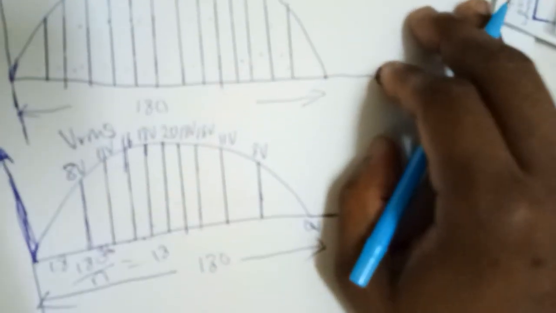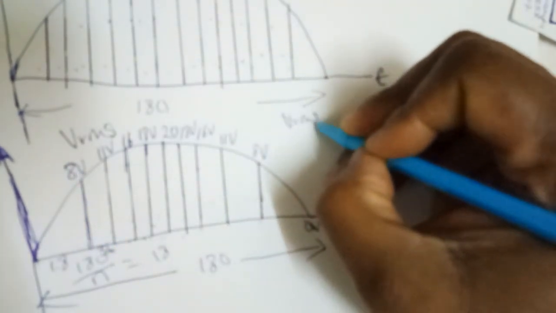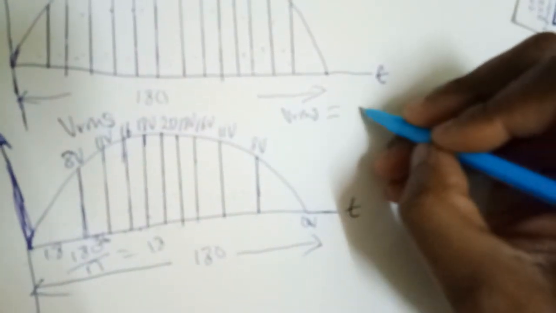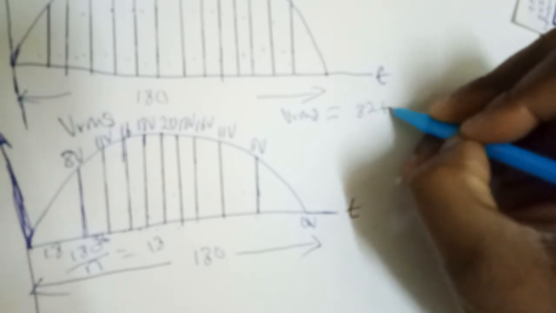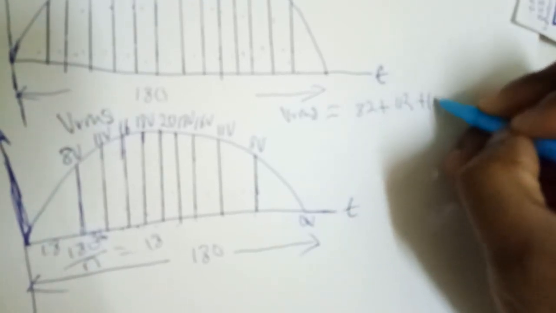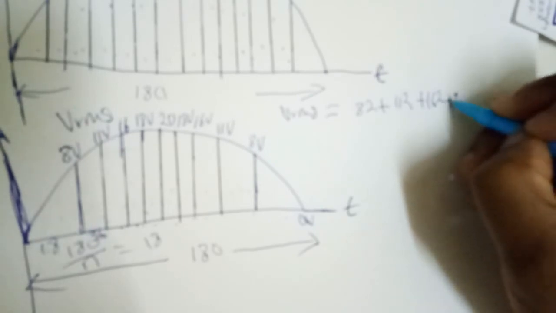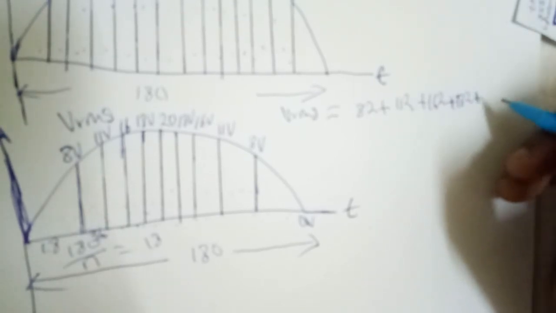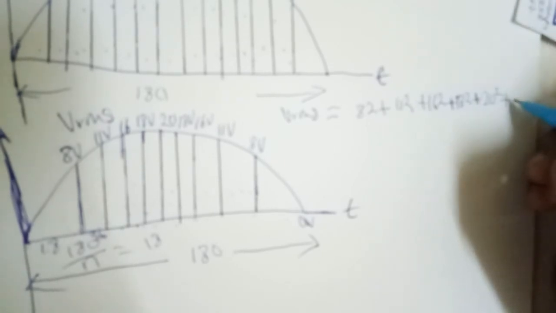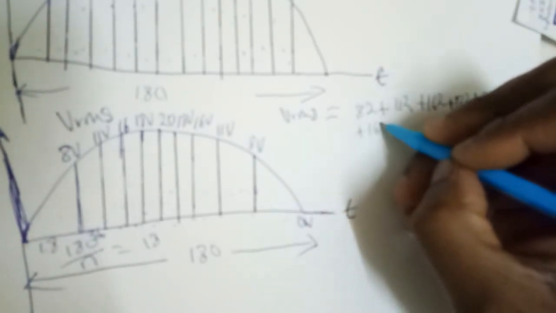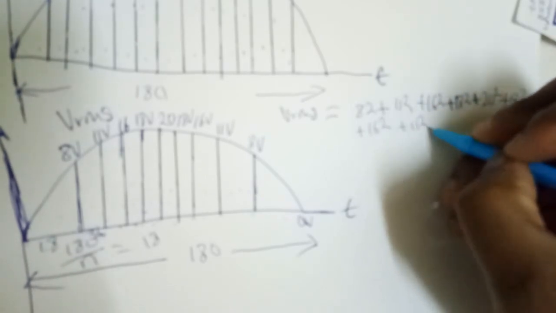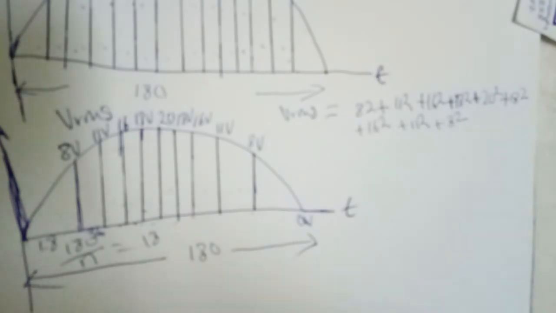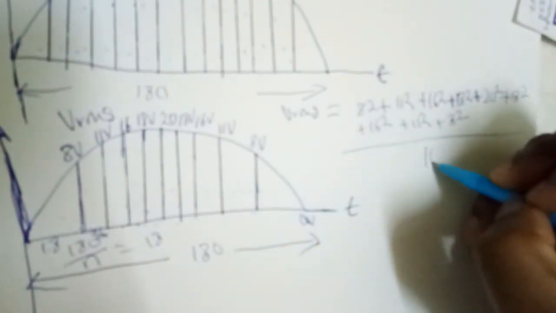To get the V root mean squared, all we will do is 8 squared plus 11 squared plus 16 squared plus 18 squared plus 20 squared plus 18 squared plus 16 squared plus 11 squared plus 8 squared, all over 10.